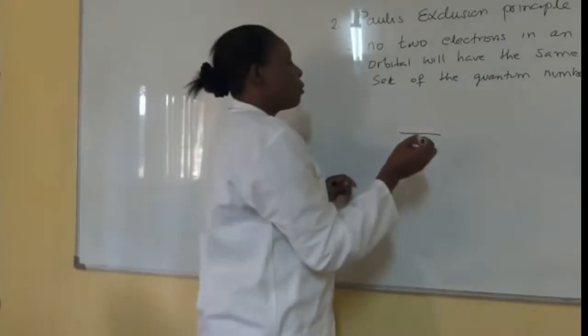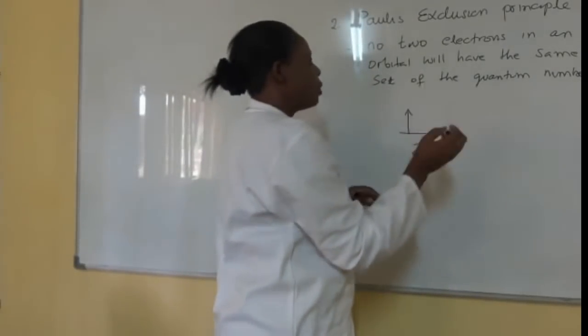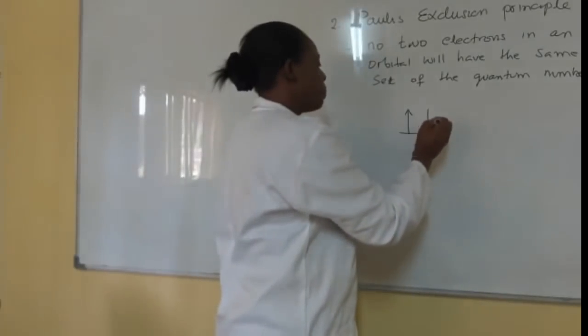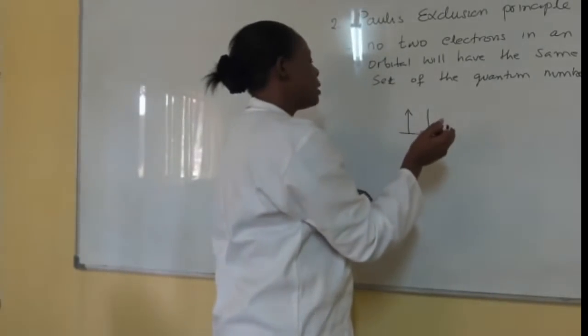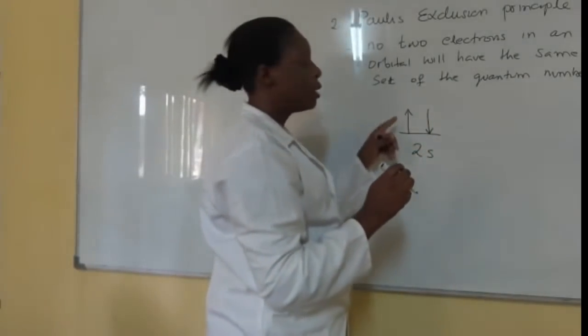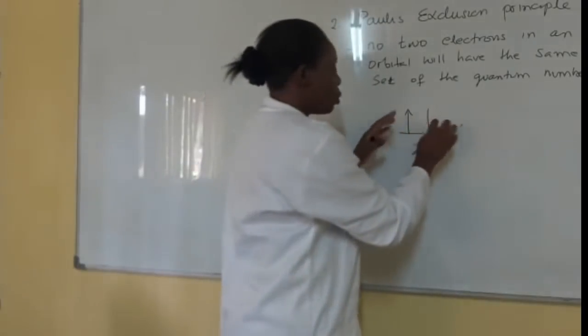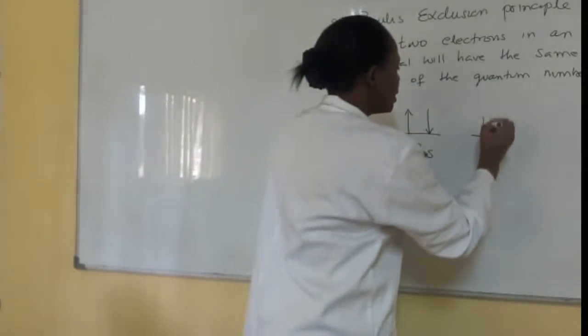So if you load your electrons in here, it means that one electron will have a positive spin, the other electron will have a negative spin. Okay, because no 2 electrons will have the same set.